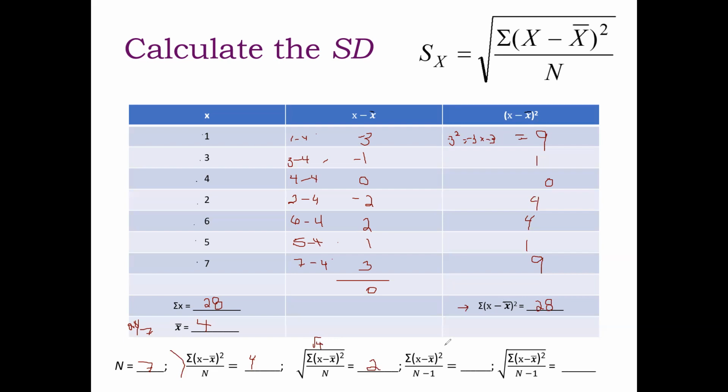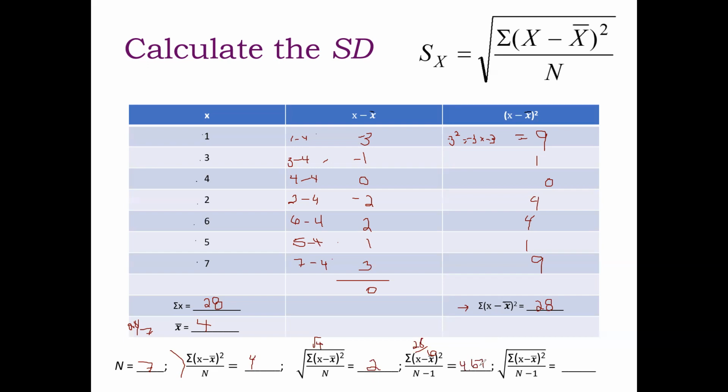So how about the estimated population variance? This is 28 divided by n minus 1, which is 6, right? So 28 divided by 6 equals 4.67. So 4 2/3.